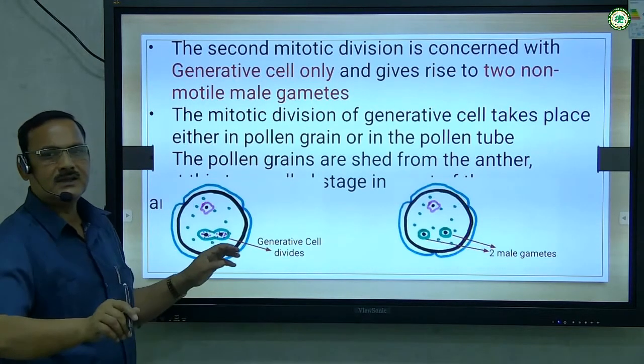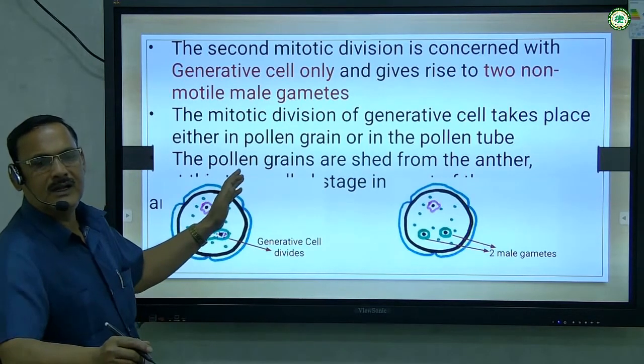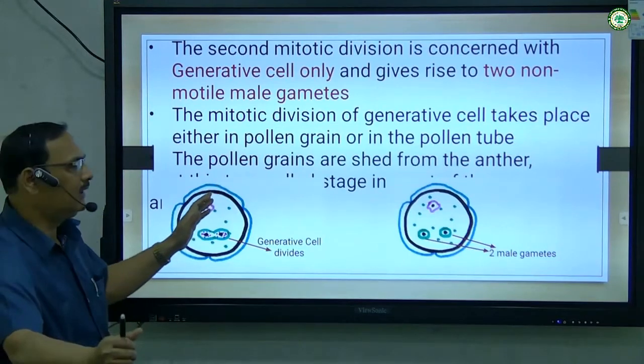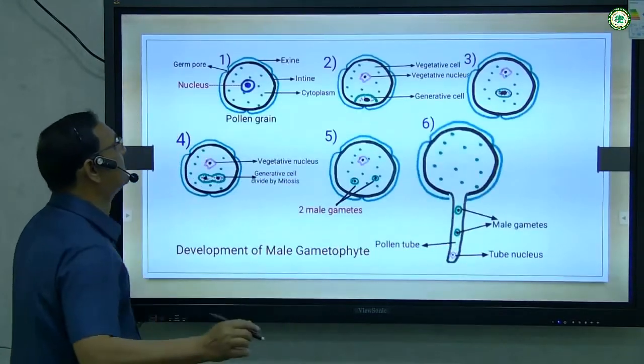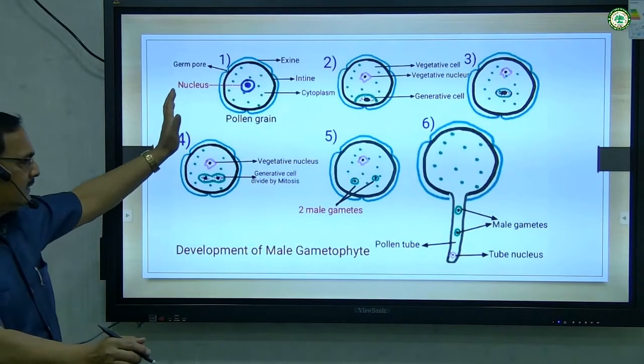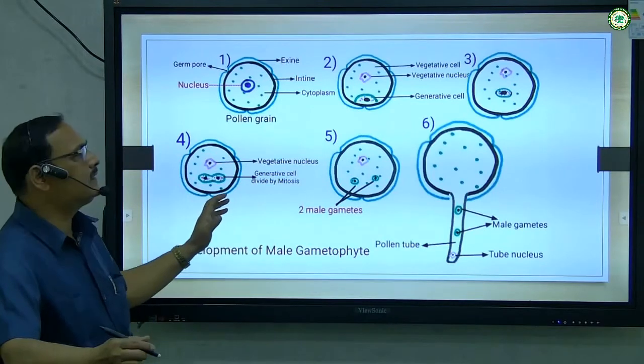In such a case, the pollen grains are shed from the anther in the two cell stage. So we can see the figures in sequential steps like this.